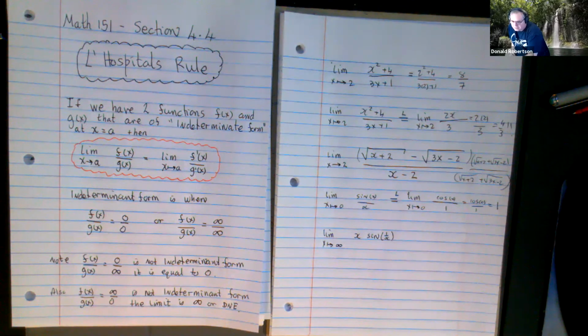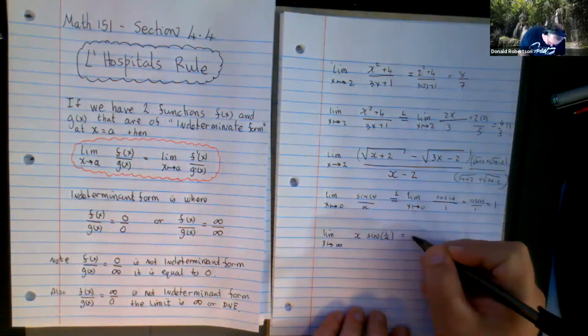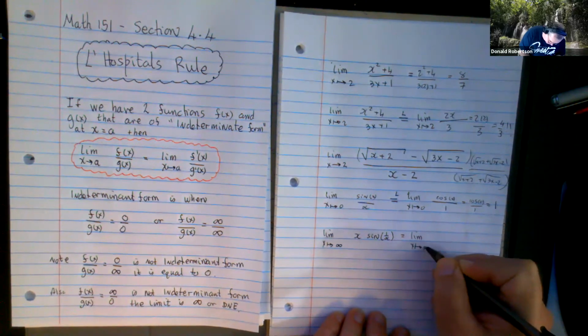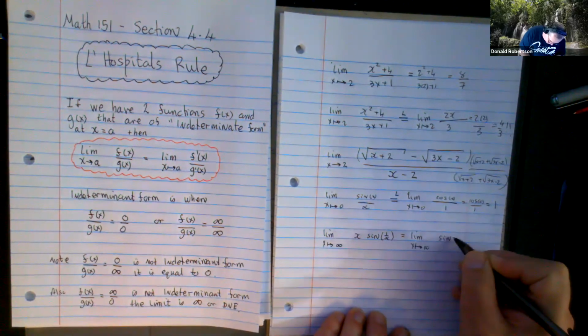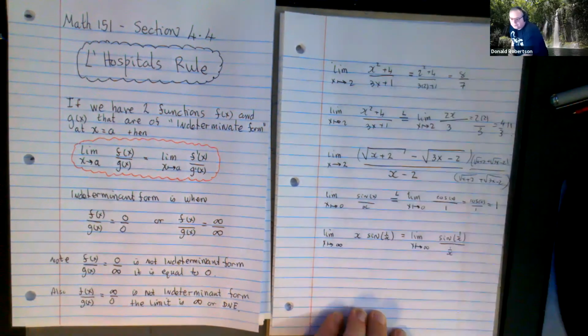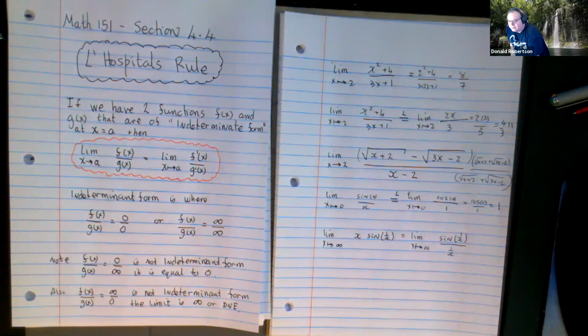Well, I got a problem here. It's not a fraction, so I can't use L'Hopital. So first thing I'm going to do is make it a fraction. Now, it's kind of artificial, but it works. Isn't x the same as 1 over 1 over x? That makes sense? Now, it's a fraction.